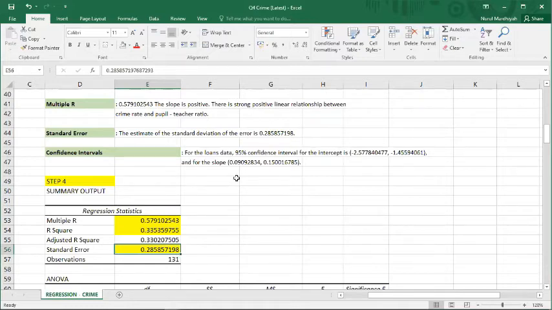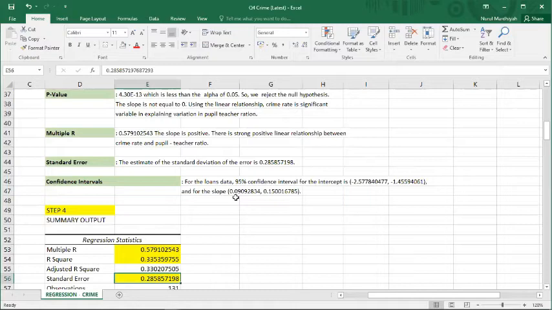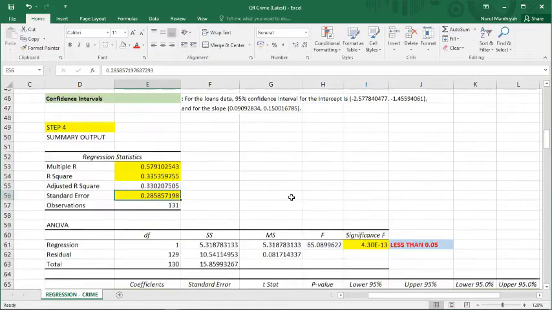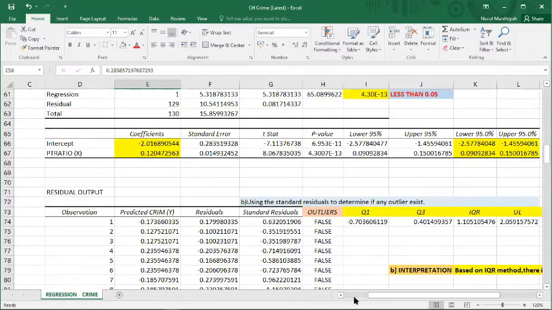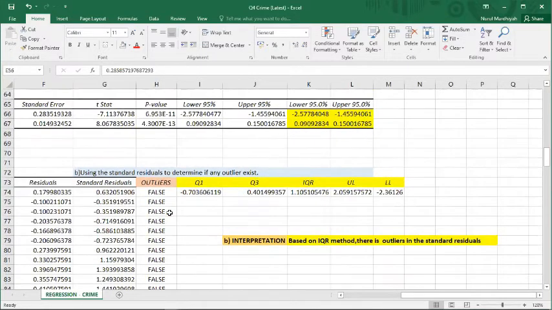For the slope, we look at the total teacher ratio row for lower and upper 95%, which is 0.0909084 and 0.1500167885.